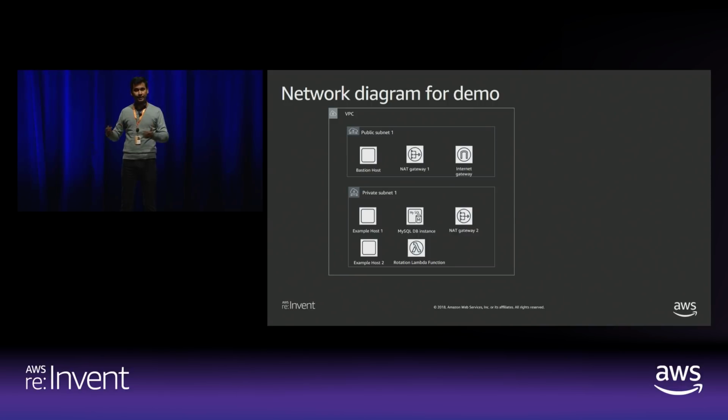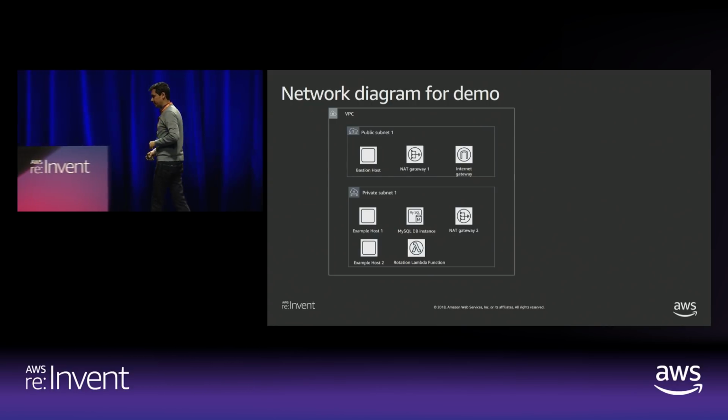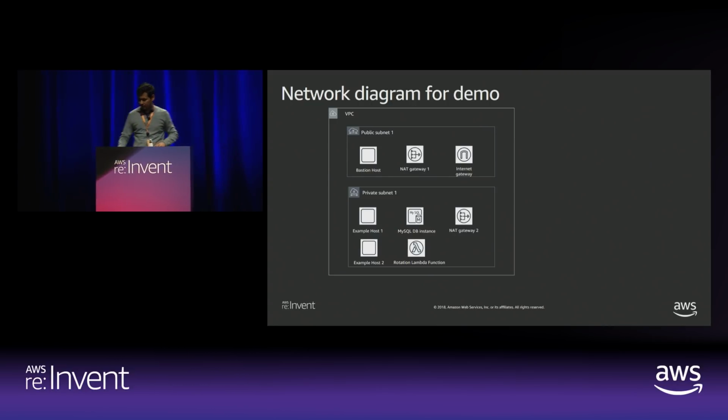When I created the database, I also provided it a username and a password for the master credentials, and I also opted to set up rotation. So the rotation Lambda function lives in the same VPC as the database. So now I'll quickly switch gears, and I'll show you what all of this looks like from the console.